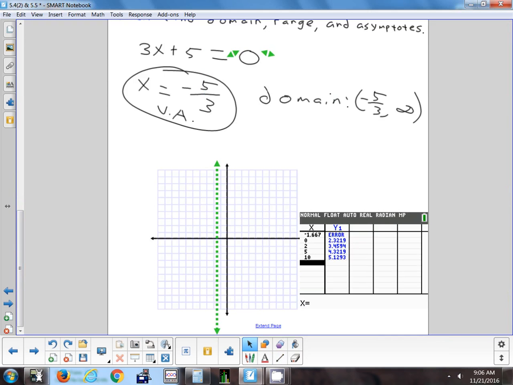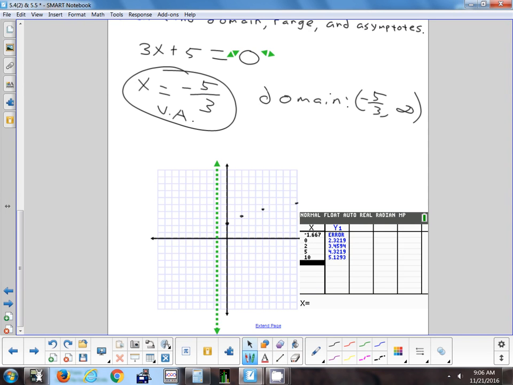Just pick a few that are spaced out. So at 0, 2.3. At 2, we're at about 3.4. At 5, 4.3. I can kind of see it's leveling off a little bit. And at 10, we're at 5.1.